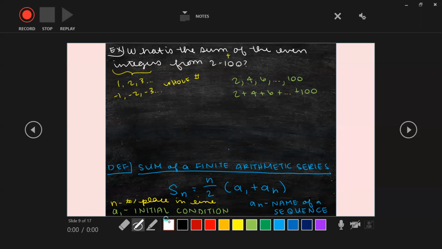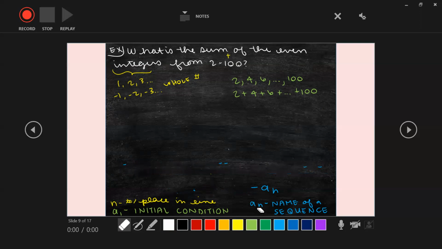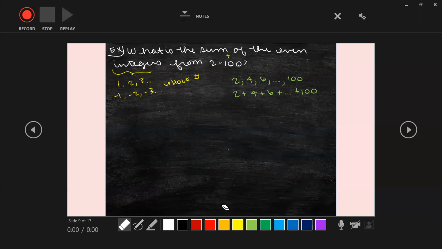Now, whenever you're approaching problems like this, I want you to write down the sum of a finite arithmetic series, figure out which variables you can identify, which ones you don't have yet, and see what you need to find. So the sum of a finite series was S sub n is equal to what?